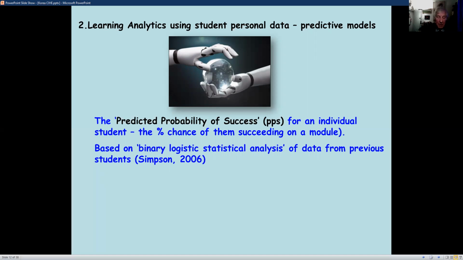It was a binary logistic statistical analysis based on the data of previous students, which could attach a predicted probability of success to new students. This was the percentage chance of them succeeding on their module.